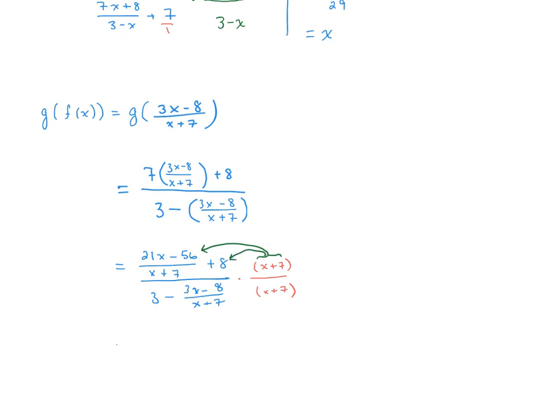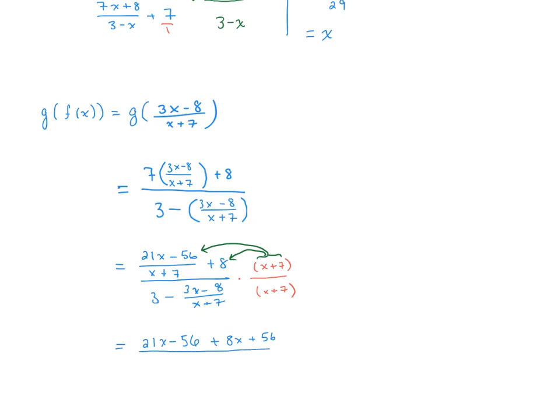And so what we obtain is 21x minus 56, because the x plus 7's cancel, and then we multiply by the 8, so we get plus 8x plus 56.